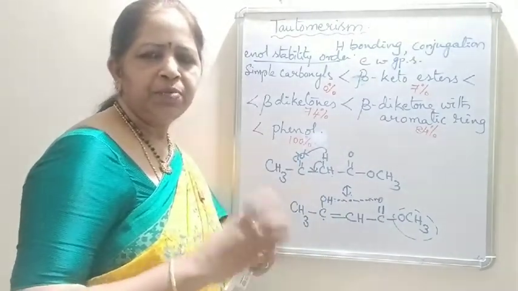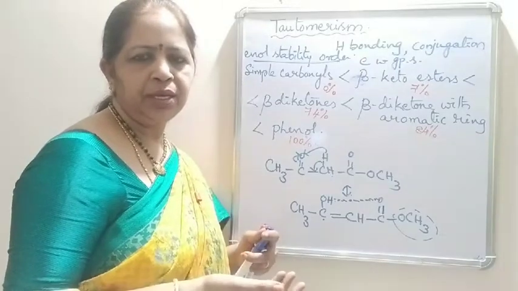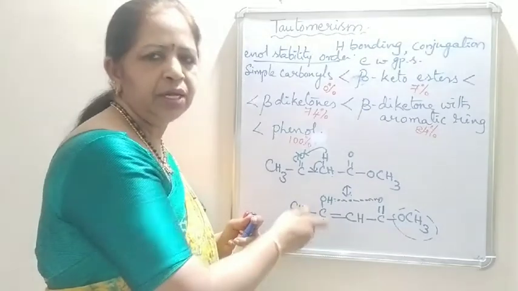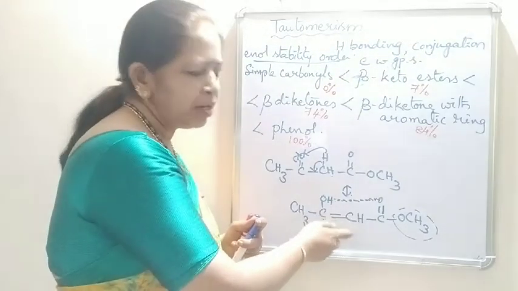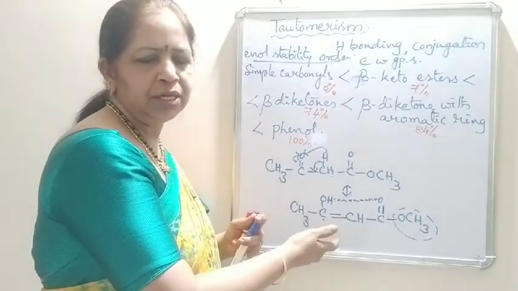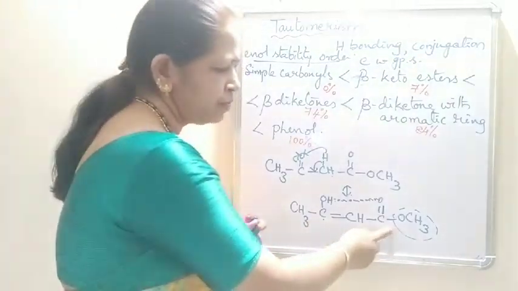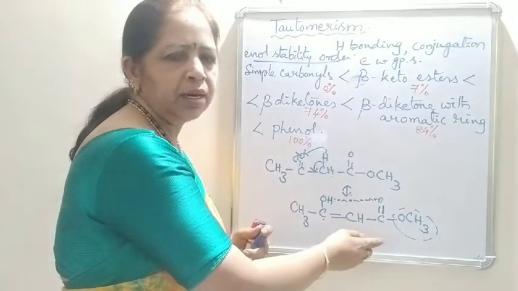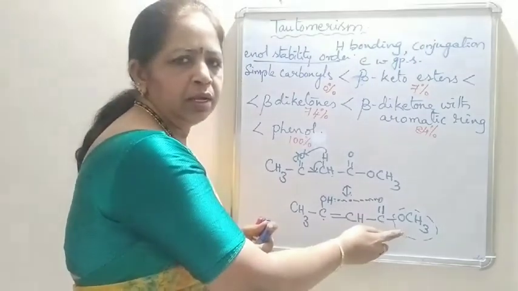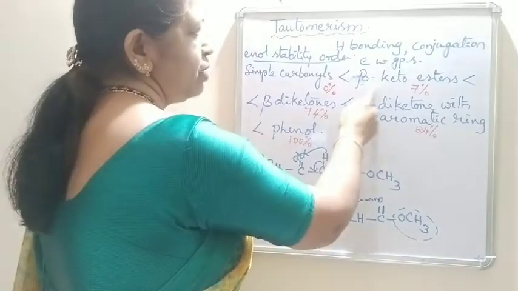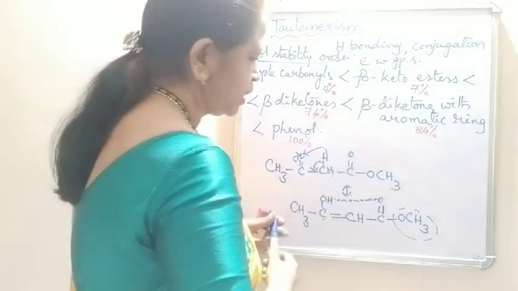Even though the stability of enol form is increasing, and even though hydrogen bonding and conjugation are existing in the enol form, it is not increasing too much. It is not increasing to a higher percent because of the very strong electron donating nature of the methoxy group. Okay students, so the percentage of enol is only 7%.